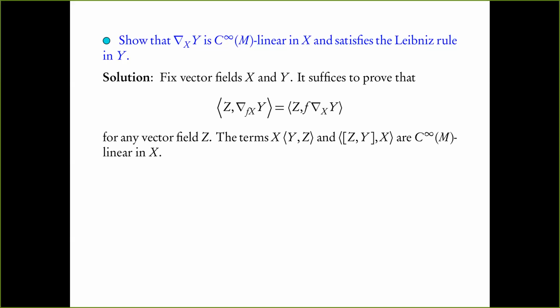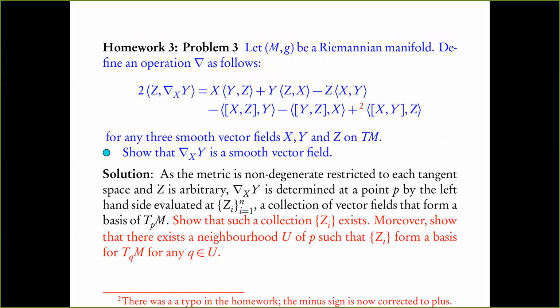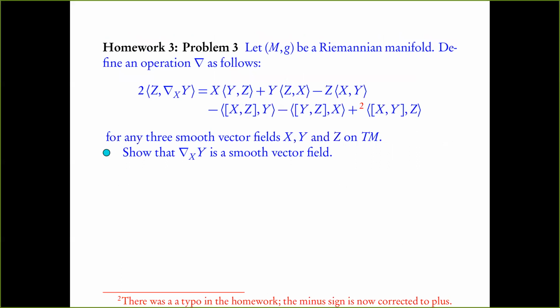So remember that. What are the terms? Whenever you look at this Koszul formula, let me go back here one second. This is the Koszul formula, right? What you're trying to show is that if you insert f in front of X here, the f pulls out. So if you put f here, you get f, and that f is already outside; you can pull it out because it's f times X of something.